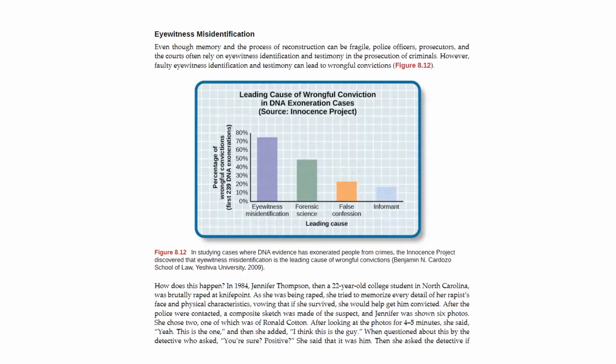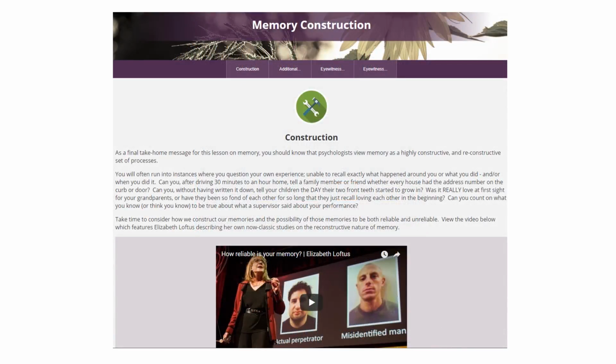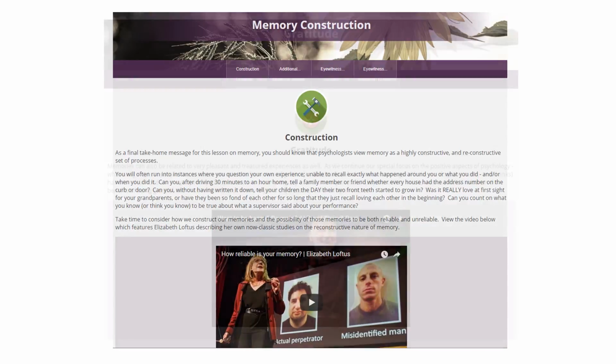And we'll also talk about flashbulb memories and something called the misinformation effect. You'll get to explore Elizabeth Loftus' work, which is absolutely seminal in this area. Again, the whole idea here in the modern view is that memory is a highly reconstructive process, and that we should at least be a little skeptical on the accuracy of our memories.